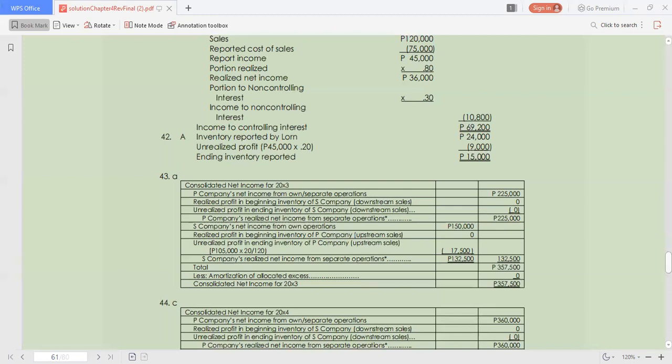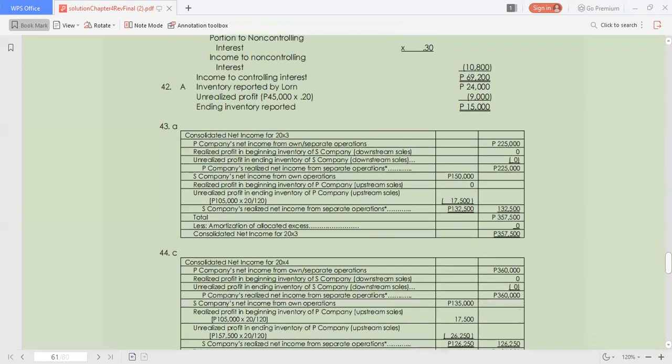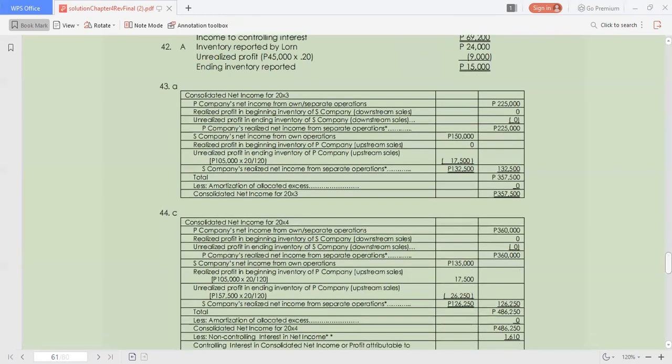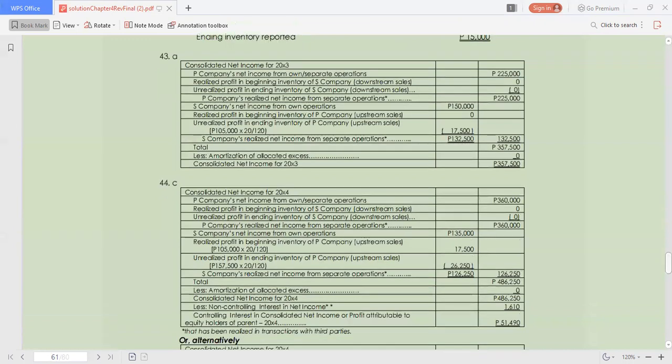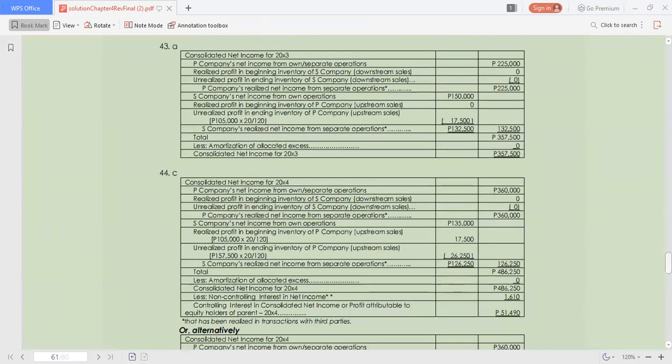Question number 44. What will be the consolidated net income for 20x4? So the consolidated net income for 20x4, again, we begin from P company's net income from separate operations of 360,000, no realized and unrealized profit. Again, the fact that P company is just a buyer.